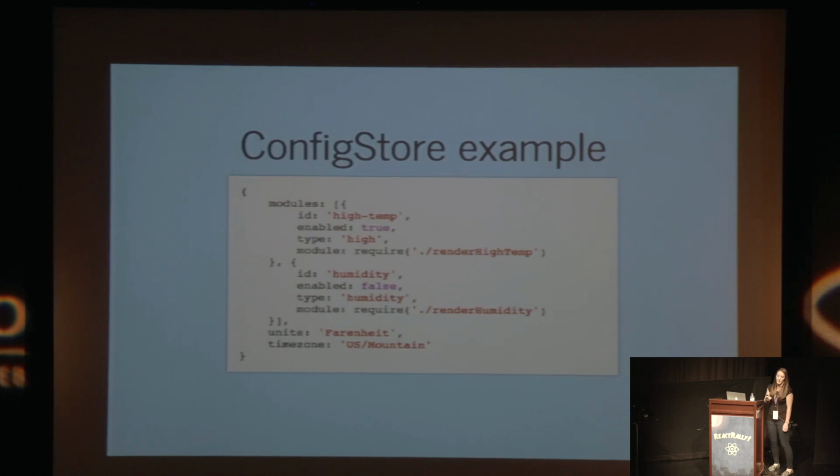This is something that I think you could potentially expose to a user as the ability to turn visualization layers on and off. There's also the type of data that gets visualized, and then the reference to whatever module you're using, D3 or React or something, that does the rendering. And then there's the global user preferences that I talked about as well, the units and the time zone.